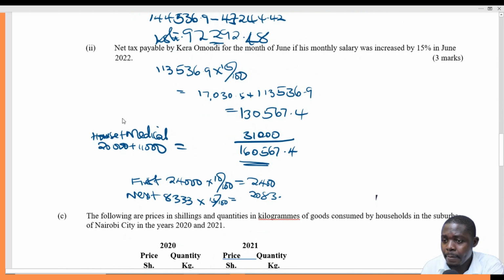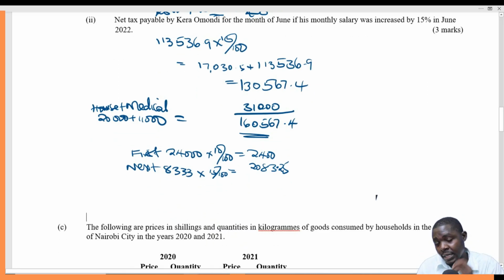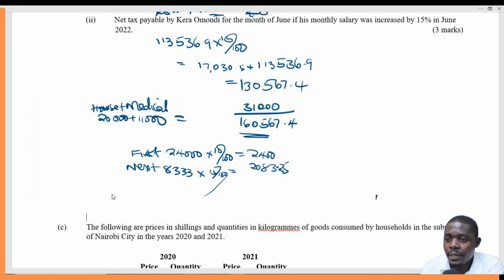2083.25. Then we have the remaining part, which is the balance. Now the excess of that, we can take 161. Let's use our calculator. It should be 161. Sorry, this is 161.